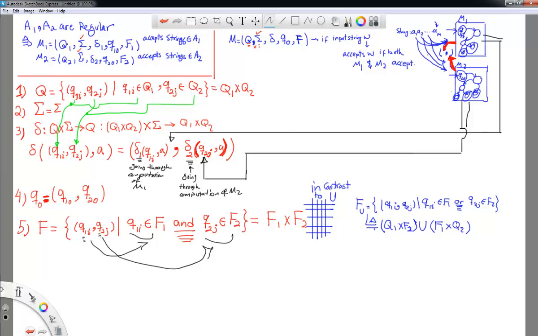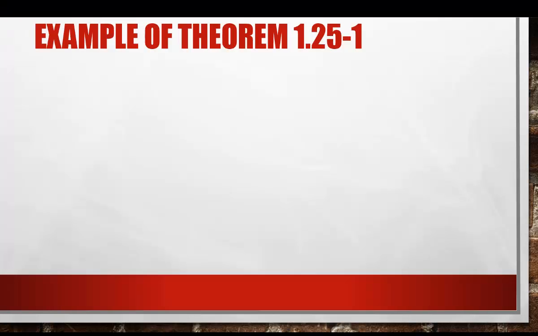So next, I'm going to show you an example of how we can use two simpler languages to intersect and create a more complex language. Now I want to show you an example of constructing an automaton that is simulating the intersection of two languages.